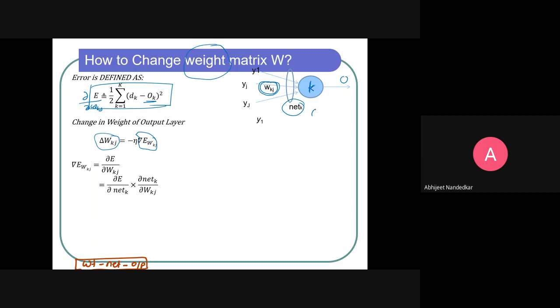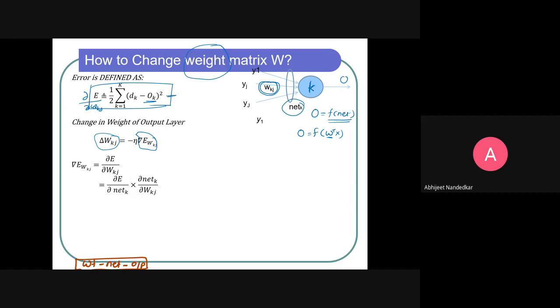Output is f of net, it's a function of net, so I cannot say there is no relation between net and output. But you know that net is also dependent on W transpose X, that is input. So now you can see there is a relation between error and weight.